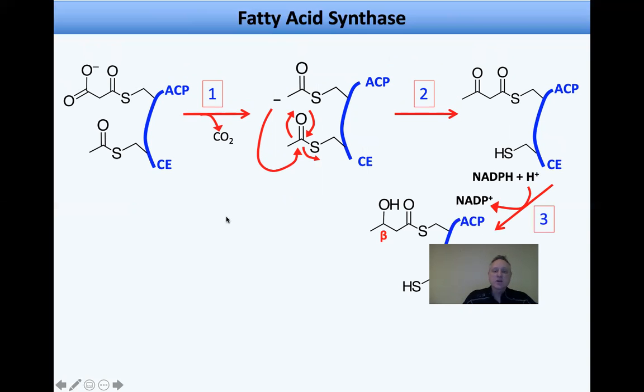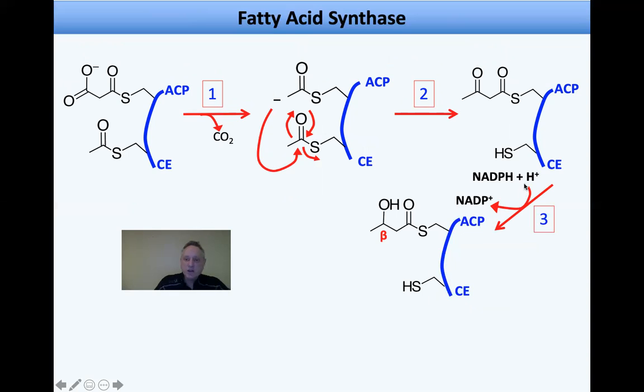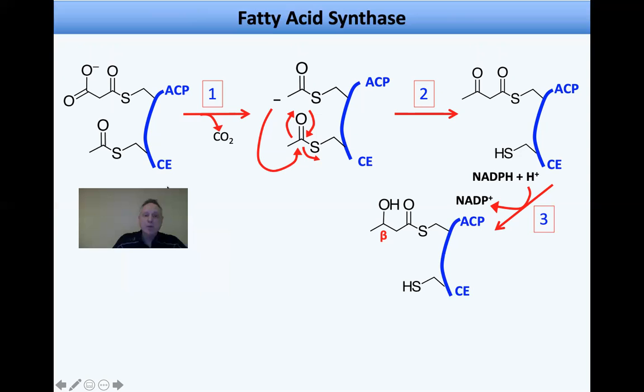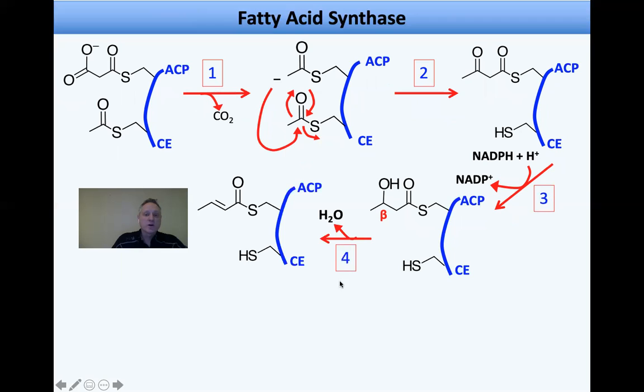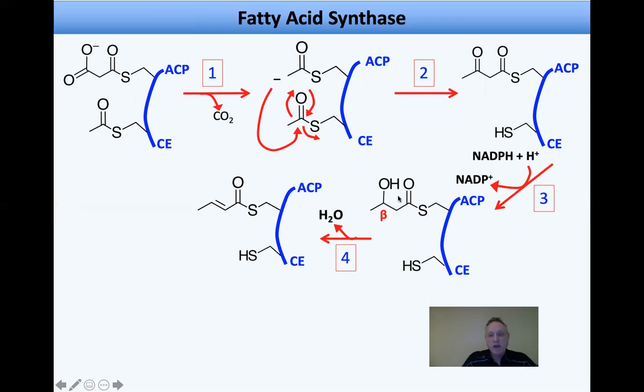And you can continue this because what you can do then is you actually are going to reduce with the NADPH, this carbonyl, this ketone group here is going to be reduced to an alcohol. It's the beta carbon. So it's beta reduction. It's the opposite of beta oxidation. And then as we continue further, what you see happen is that you have an alcohol here, you lose water and make a double bond.